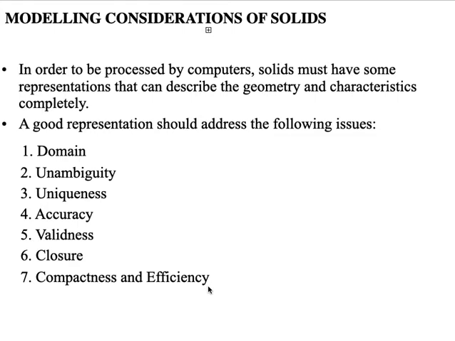For example, given two curvilinear solids that are tangent to each other, this tangency may disappear after conversion of the solids to polyhedra, right? So this is what the modeling considerations of solids are.